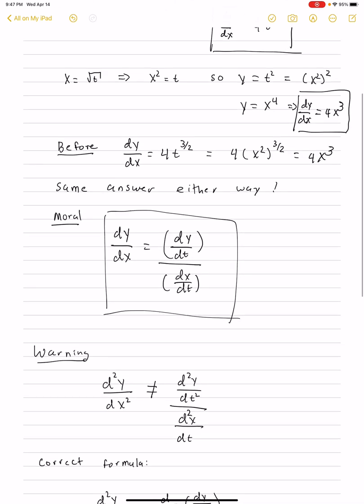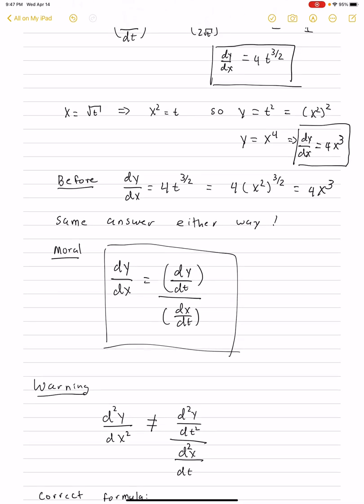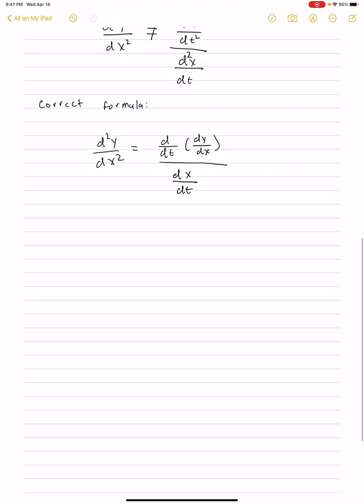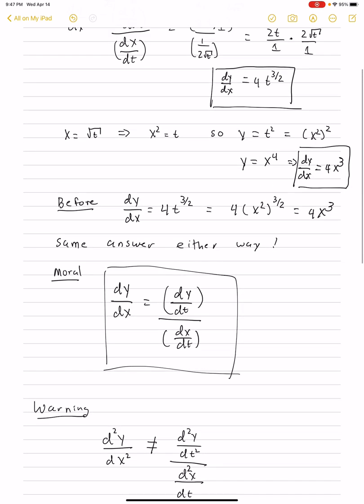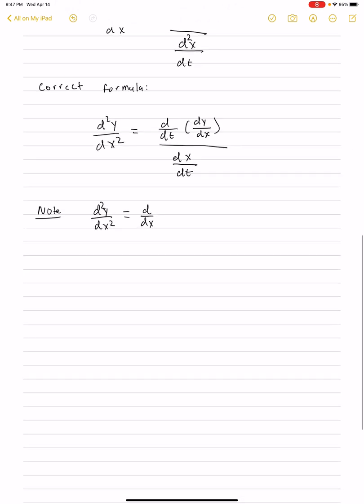One way I'm going to verify is I have this first derivative, y prime. What happens if I differentiate it again? So d²y/dx² is equal to d/dx of, well, we calculated this before, 4x cubed. So we need to differentiate the first derivative. And this will give me 12x squared. So this is the correct answer.